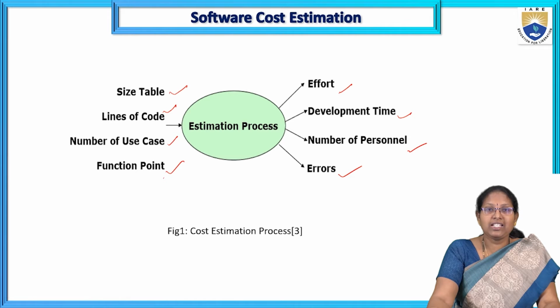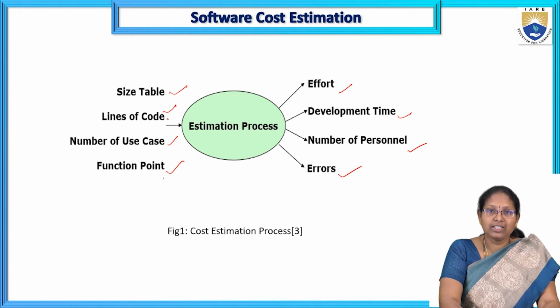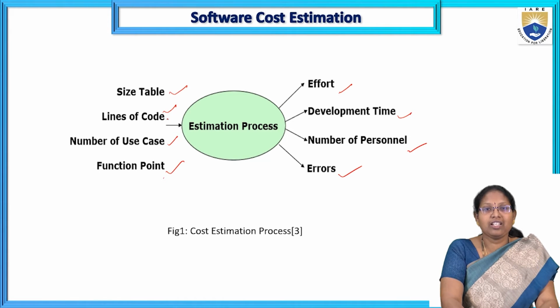In almost all cases the input is lines of code. How many lines of code are required to complete the particular project? At the same time, the project size is also estimated in terms of function points. How many function points are required to complete that particular project? So these are the inputs.